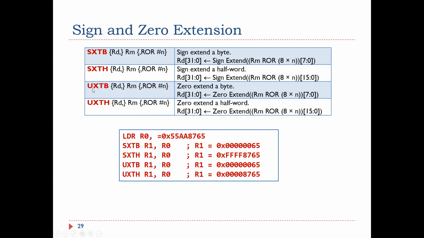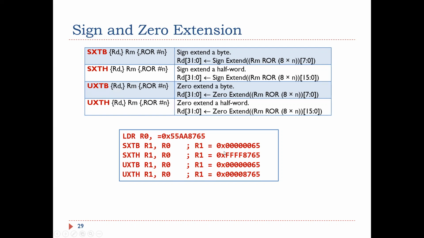You can also do UXTB, which does the zero extended byte, meaning it is going to copy a byte and ignore the sign. So for example, with UXTB, you see that we are taking only one byte, 65 here, and then we are ignoring the sign.